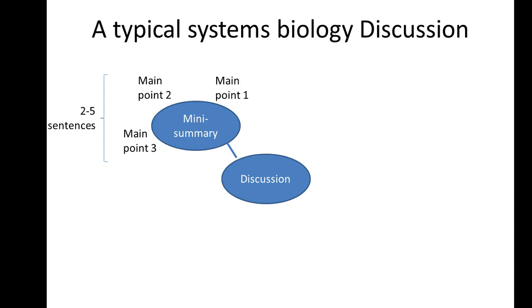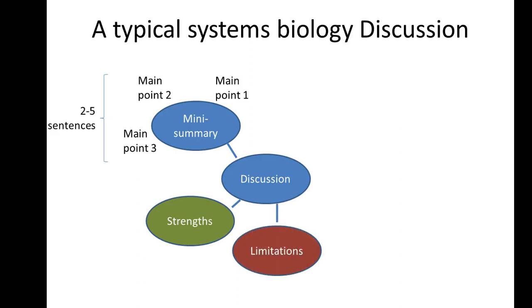Because at this point you are leaving the results section and you have become fairly technical. So at this point it's good to know what the main statements are, so that you then can start to put these main statements into a more nuanced perspective. And these nuances are that you want to highlight the strengths and the limitations, weaknesses.